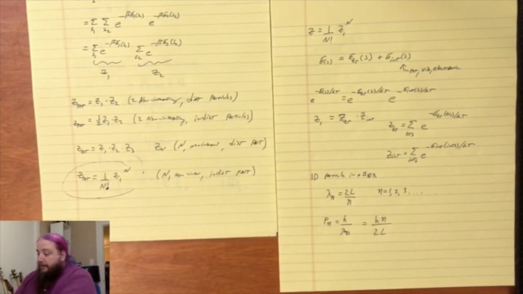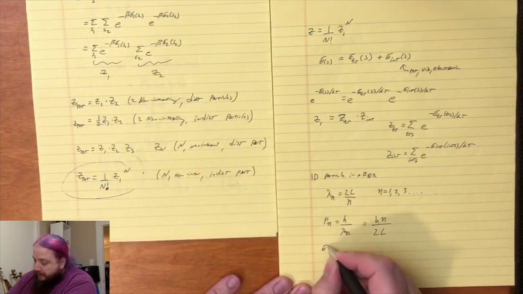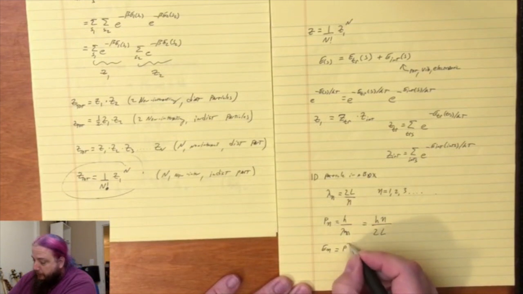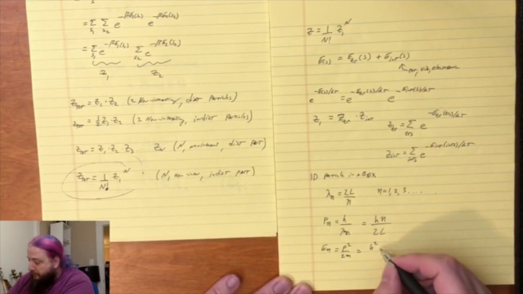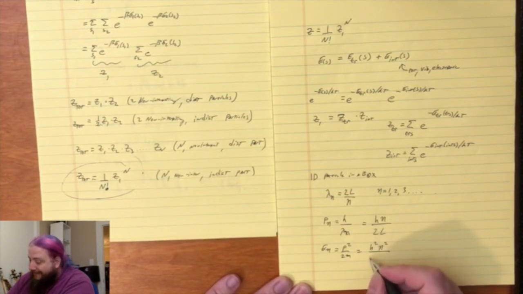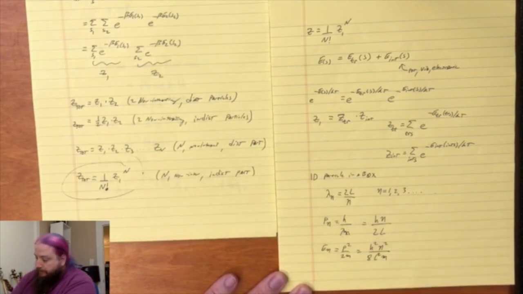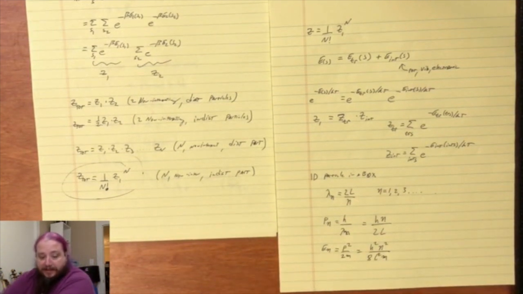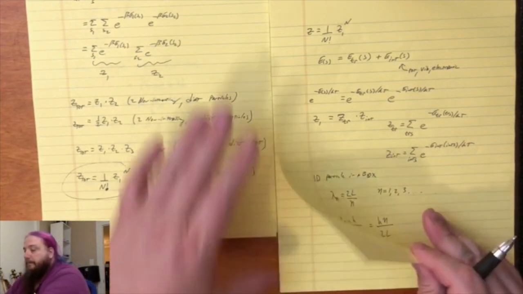And so that's the momentum of our particle in a one-dimensional box. To turn that into a kinetic energy, the energy of that state is just p squared over 2m. So that's going to be Planck's constant squared, quantum number n squared, over 2 times 2 squared, that's 8, L squared m. And so those are the energies of our states, quantized by quantum number n.